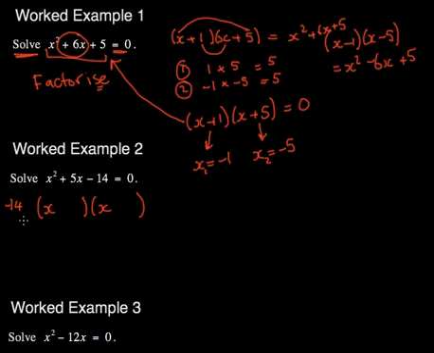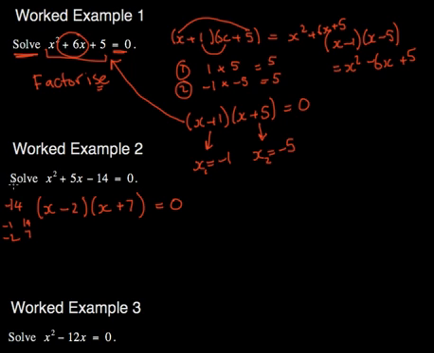And if I can't work it out, I could just list them all. So my first one could be -1 times 14, but they add up to make 13. What about -2 and 7? They add up to 5. So now I can replace this with a -2 and that with a +7. And that is factorised.